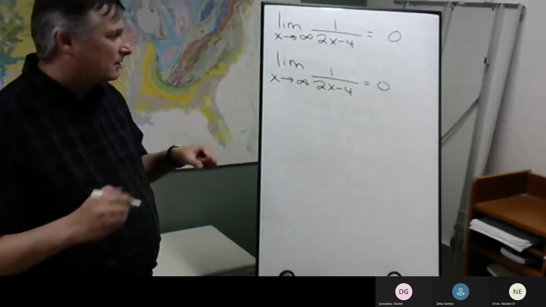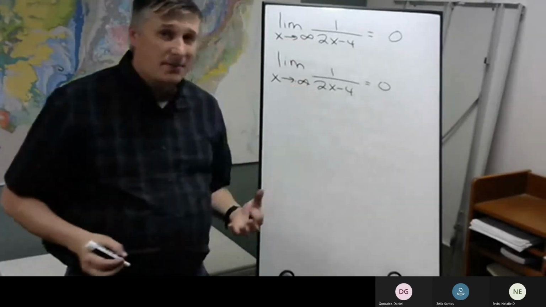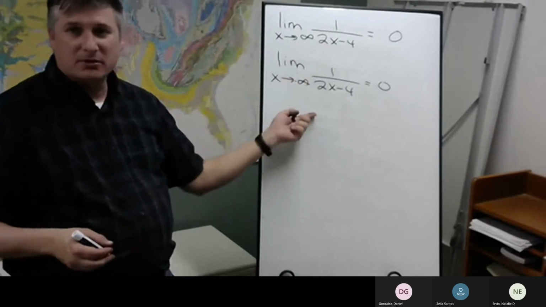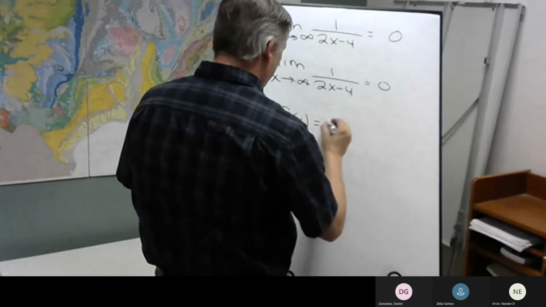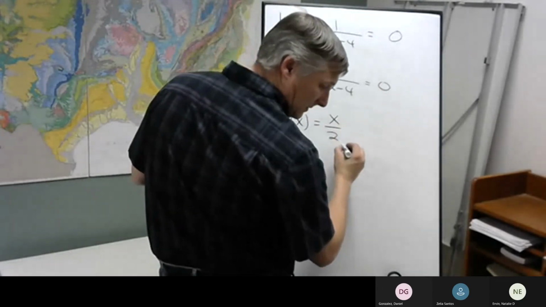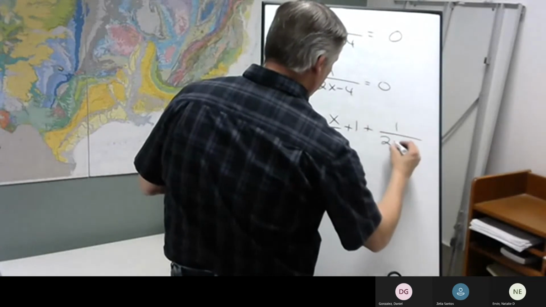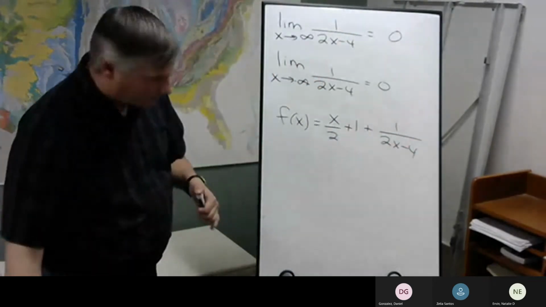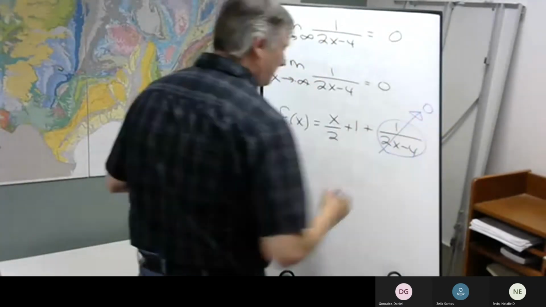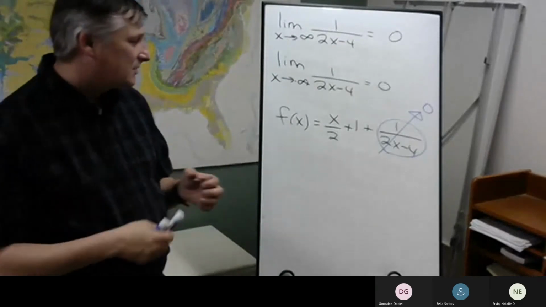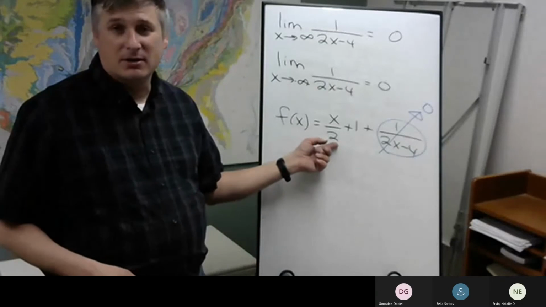So what this means is that for these values of x that are large in magnitude, this remainder term goes to 0. That's going to go away. And so for the large values of x, this is going to dominate.